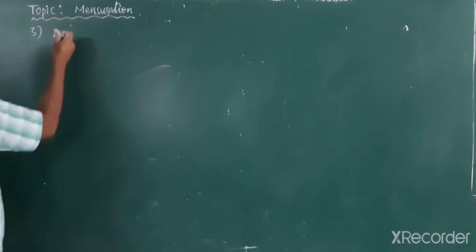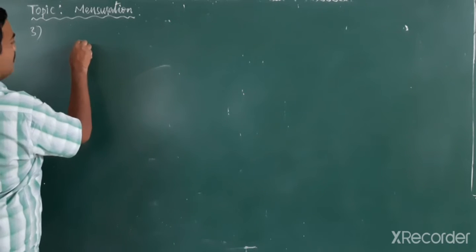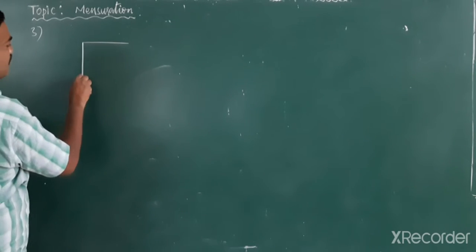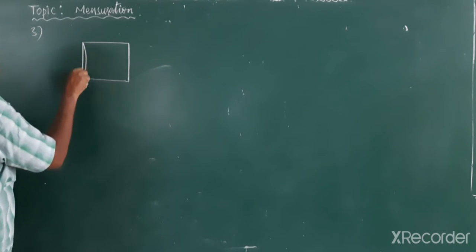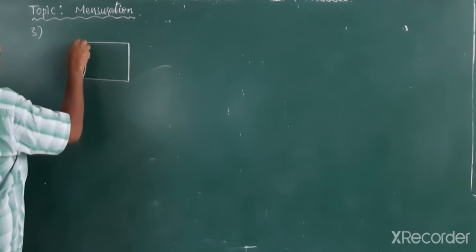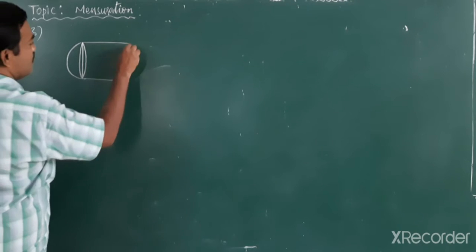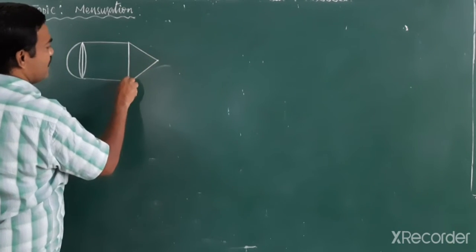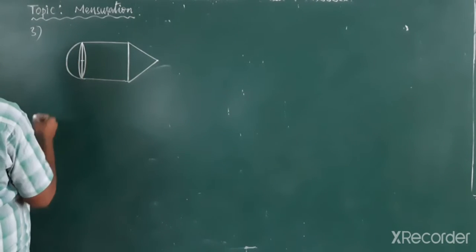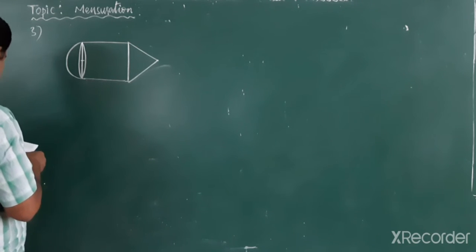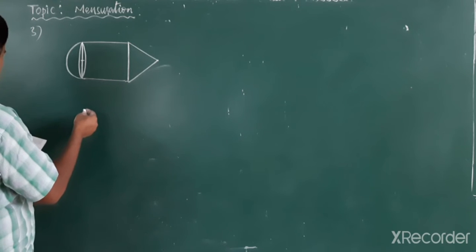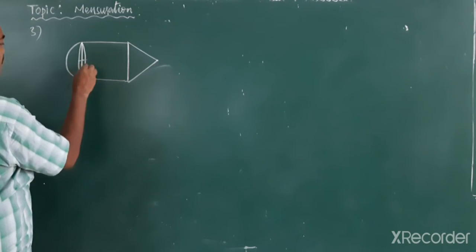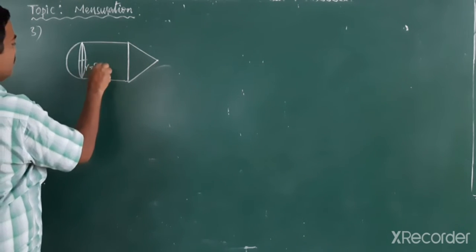So here is a solid in the shape of a cylinder. One end will be a hemisphere and the other end will be a cone. Like this. The common radius R is equal to 8 centimeters.